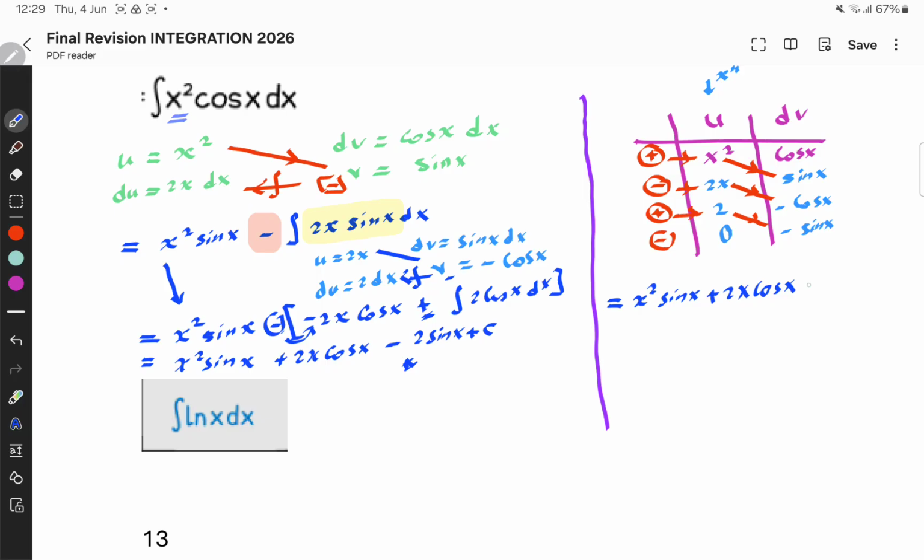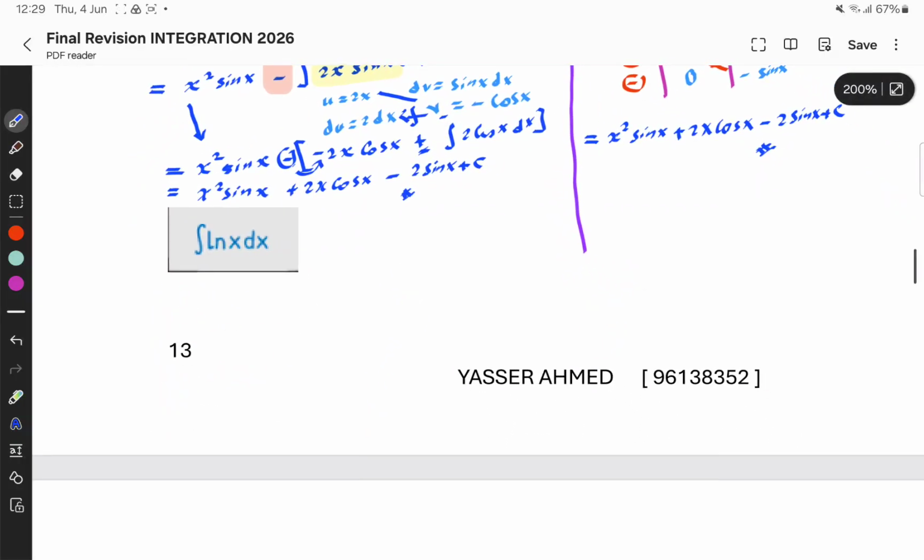Positive times negative, it will be negative 2 sine x, all of that plus c. So I have the same answer. You can use this method or this method as you like. But if you have x to the power n notation in the derivative, we just start to differentiate till 0.